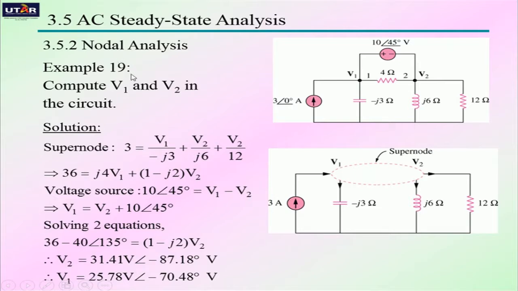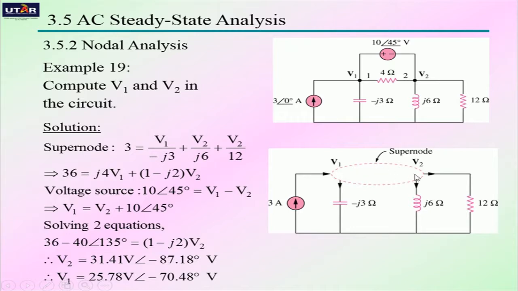Similarly, in this example, we are performing supernodal analysis. When there is a voltage source between two nodes, it can be removed temporarily, and we can connect a wire between V1 and V2 so that a short circuit is formed. These nodes connected between V1 and V2 are known as a supernode.